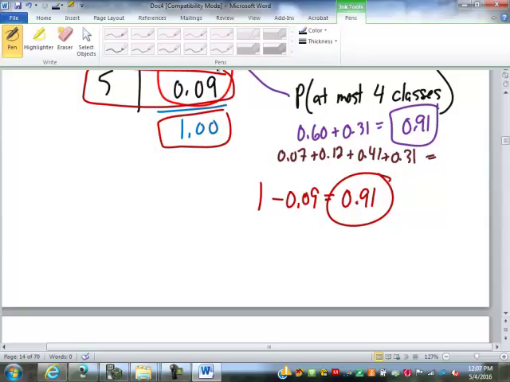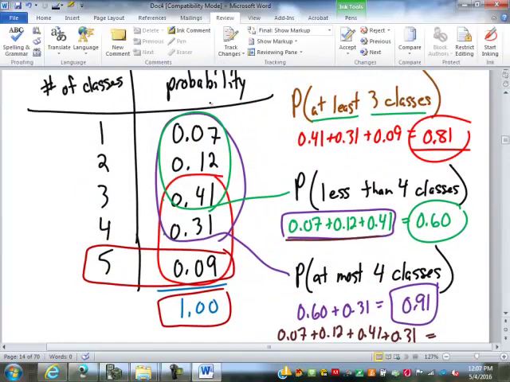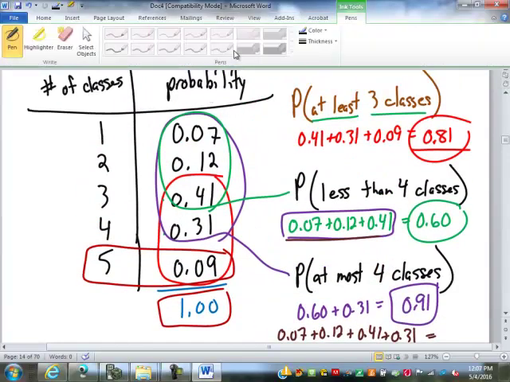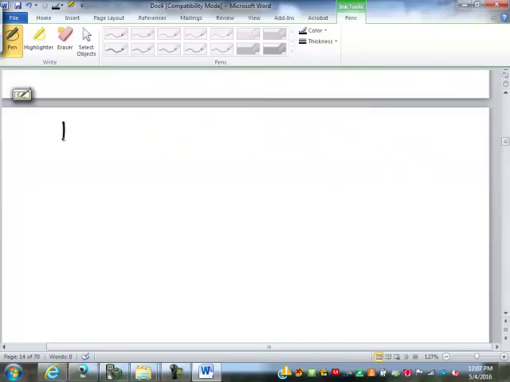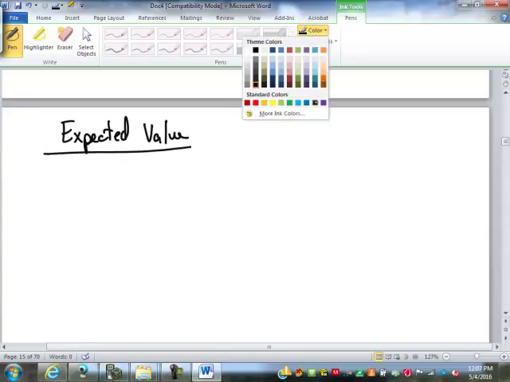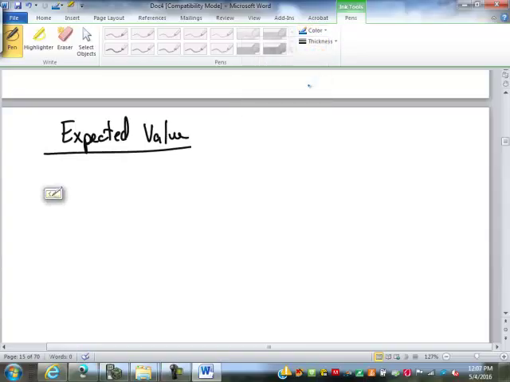So when we're looking at a system like this, it's actually fairly easy to find the probabilities, but we can then step on to something called an expected value. And an expected value is kind of like an average or a mean.